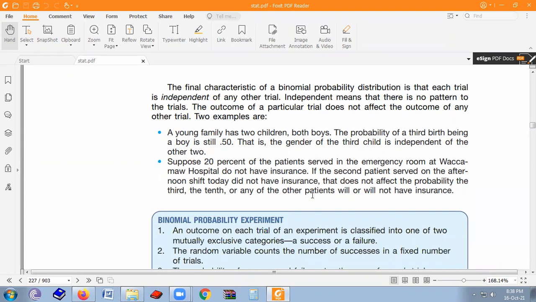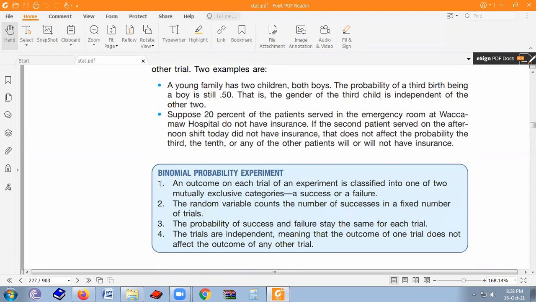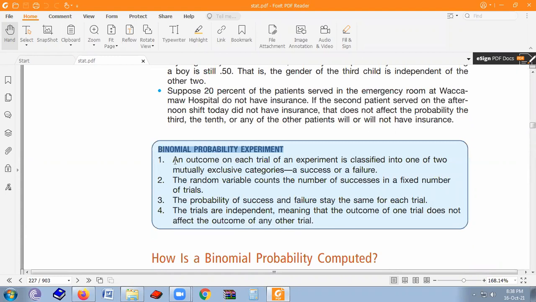Okay, so these are the characteristics or properties of a binomial probability distribution, whatever you call them. The first one is that the outcome on each trial of an experiment is classified into one of two mutually exclusive categories. One is called success and another is called failure. So there are only two possible outcomes.